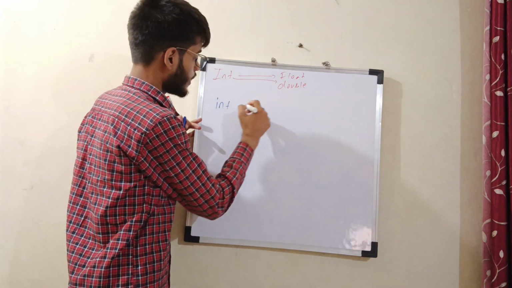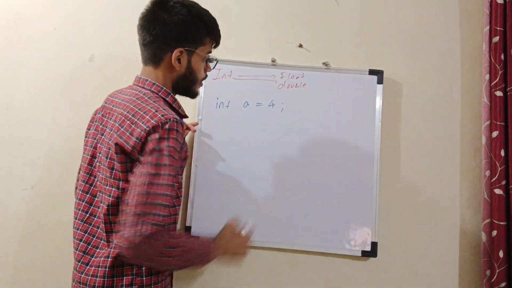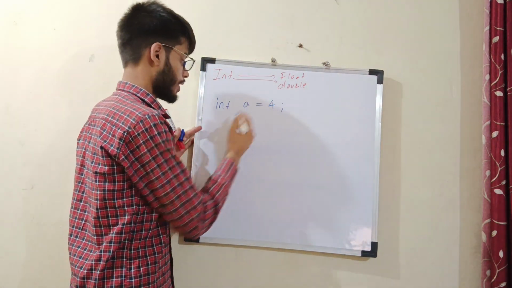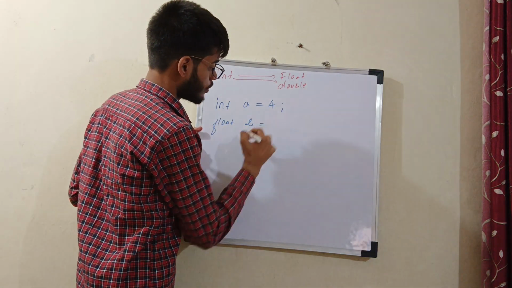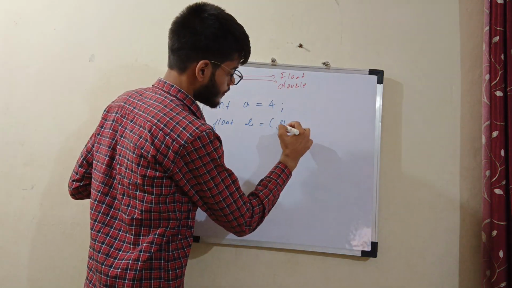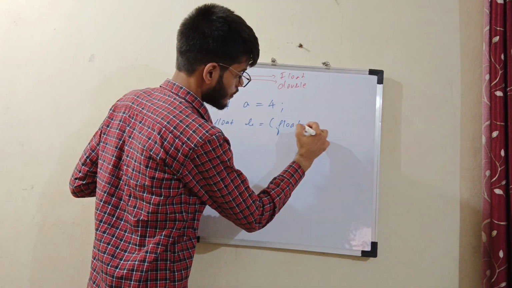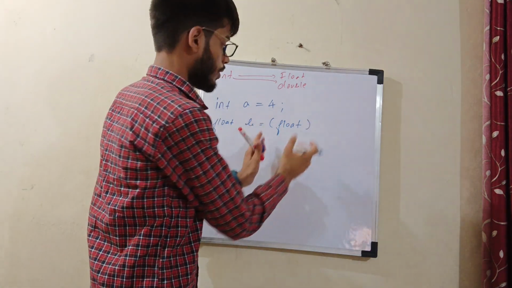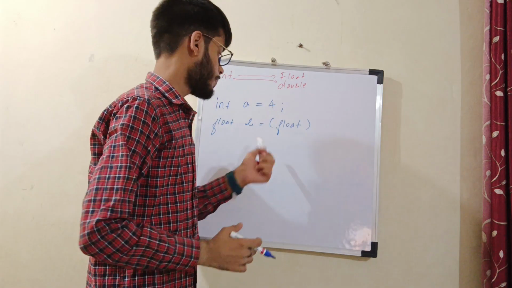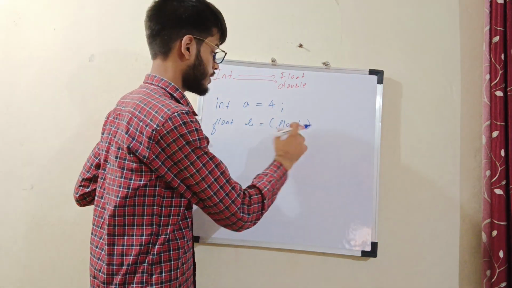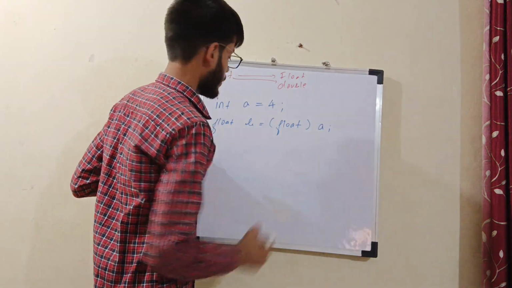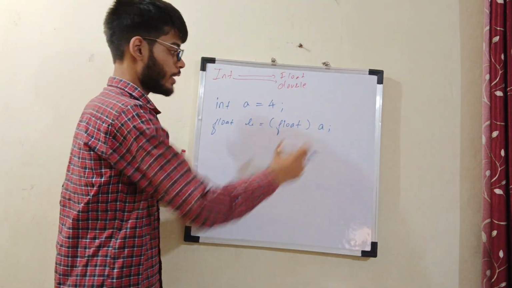Let's take a variable int a equals 4, and to convert it to a float value, let's have float b equals (float) a. Over here, in small brackets, we pass the type in which we want to perform the typecasting, float of a. So in b we are getting the floating value of a.